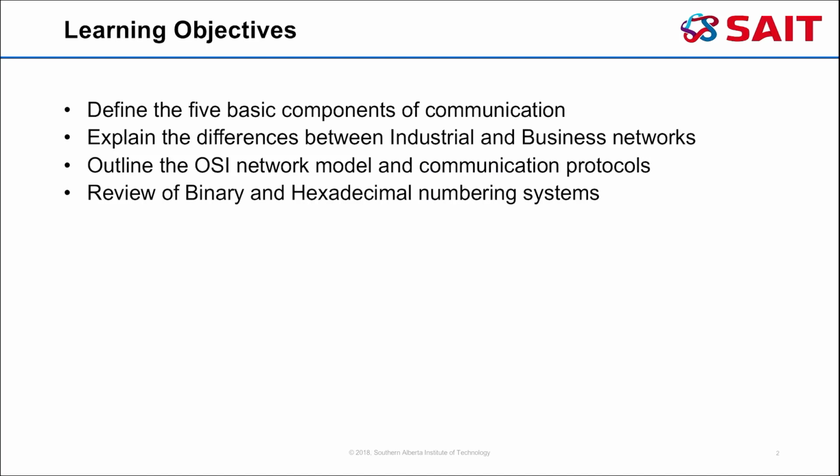So part of that will be discussing communication protocols, and then we're going to review binary and hexadecimal number systems and the conversion between binary and hex, decimal and hexadecimal, and so on.